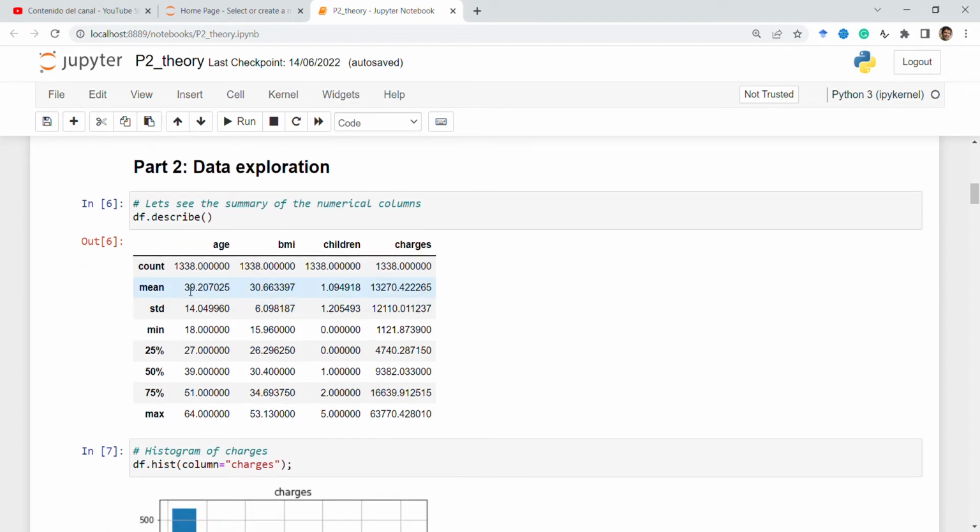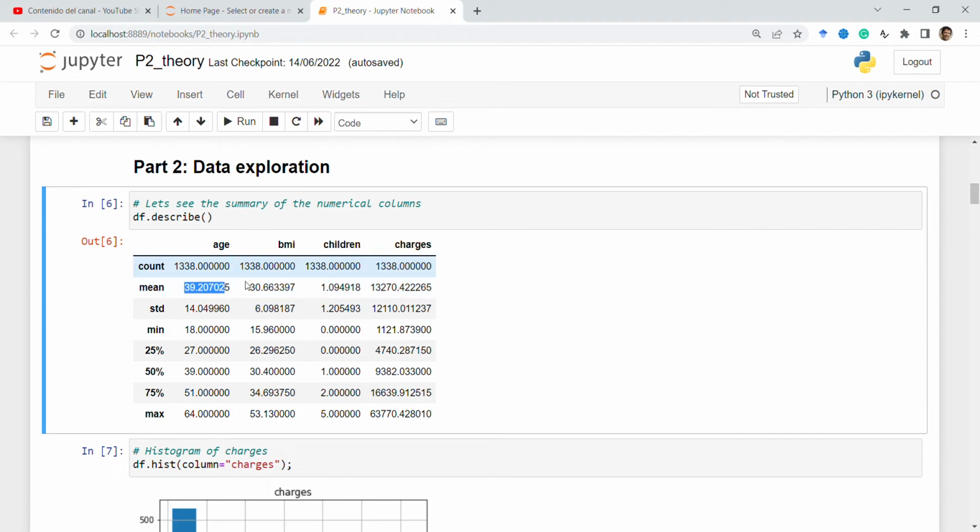So we see what is the average age, what is the average body mass index, number of children, and average charges. But we see that the charges, for instance, have a huge range from 1,000 to 63,000, with a mean of 13,000.